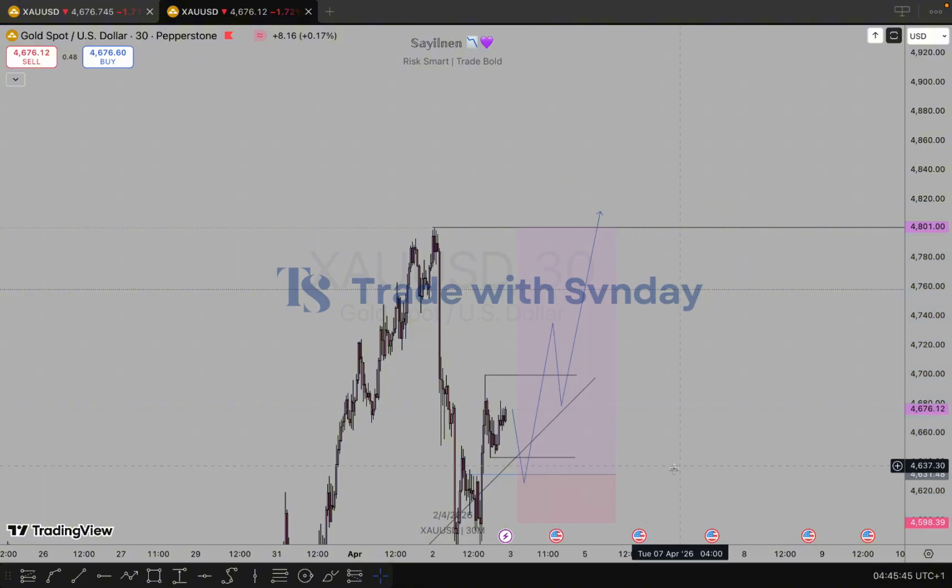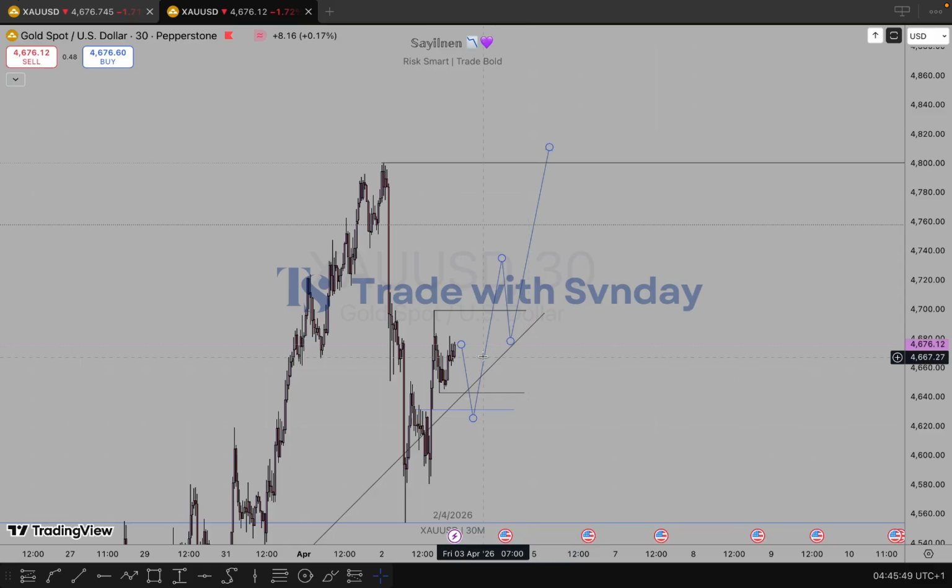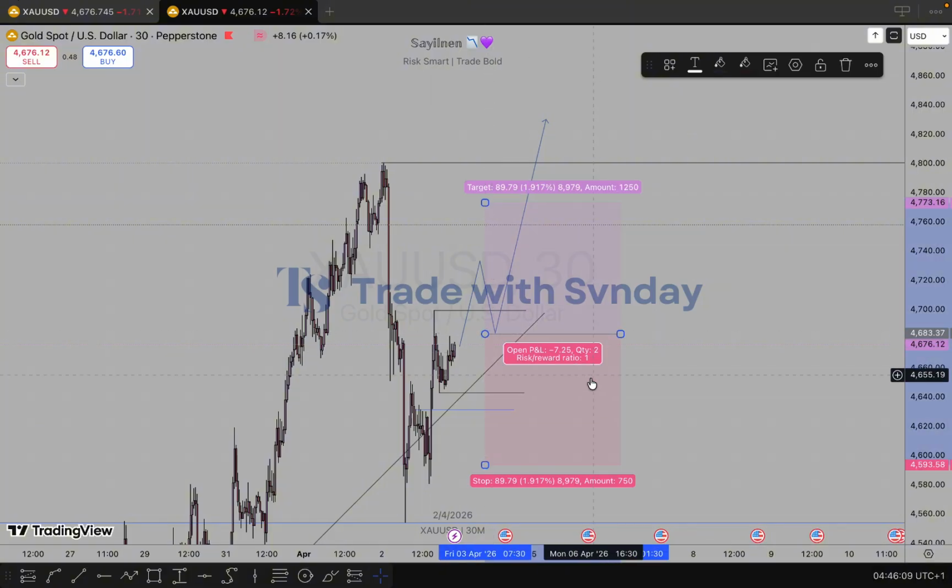But if what we see should be this break, this full body break, remember I said a full body break, then we should expect something like this. After the full body close, where we see the full candles close, I'm expecting that we should see something like this.